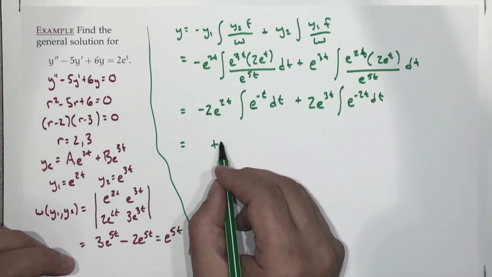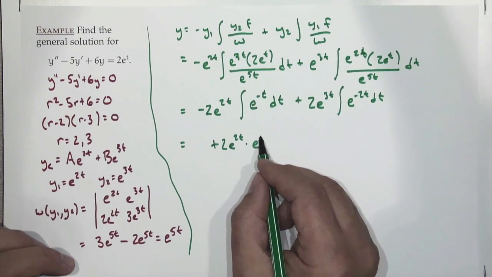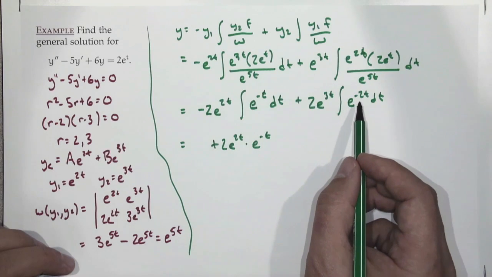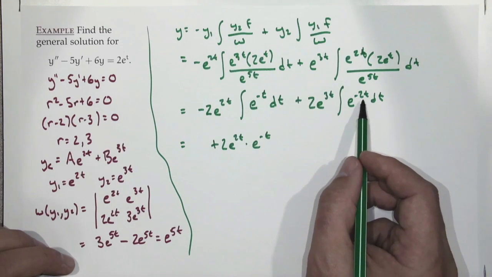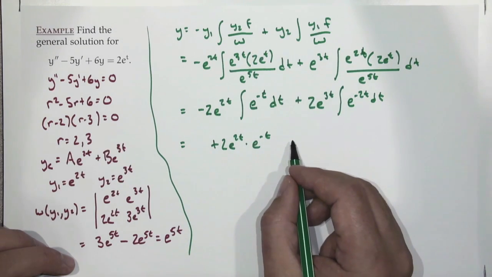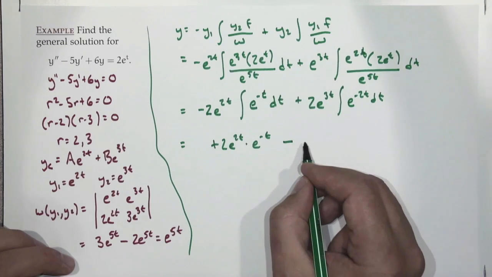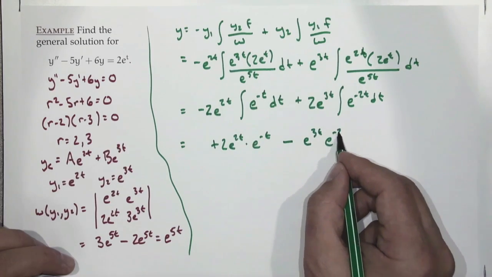So this will become plus 2 e to the 2t times e to the minus t. The plus because there's a minus. Here, what happens? The integral becomes negative a half. Negative half times 2 is minus 1. So minus e to the 3t, e to the minus 2t.